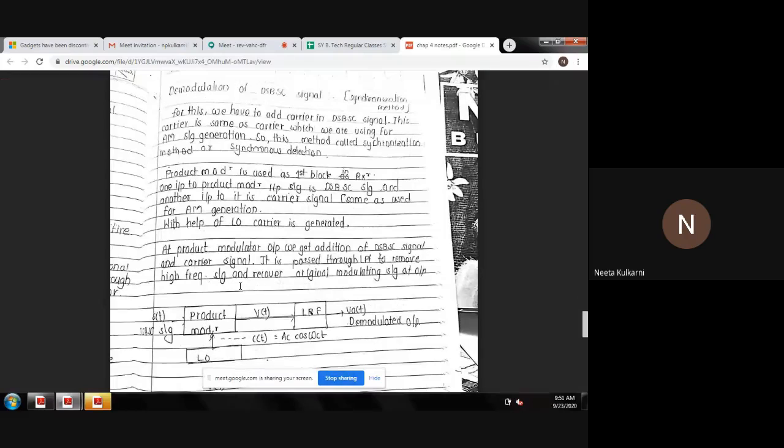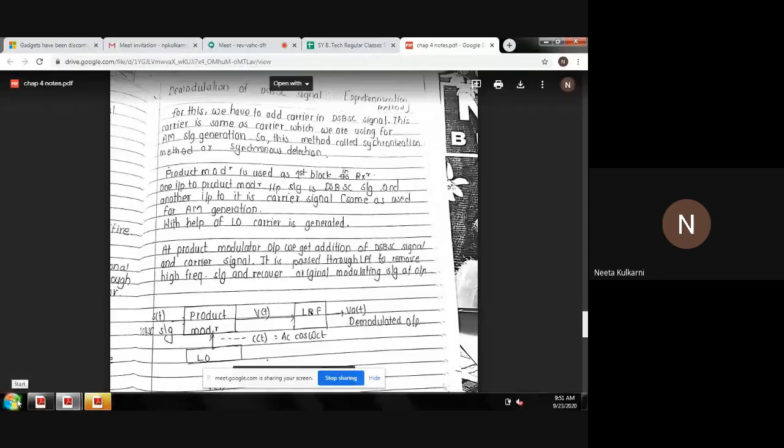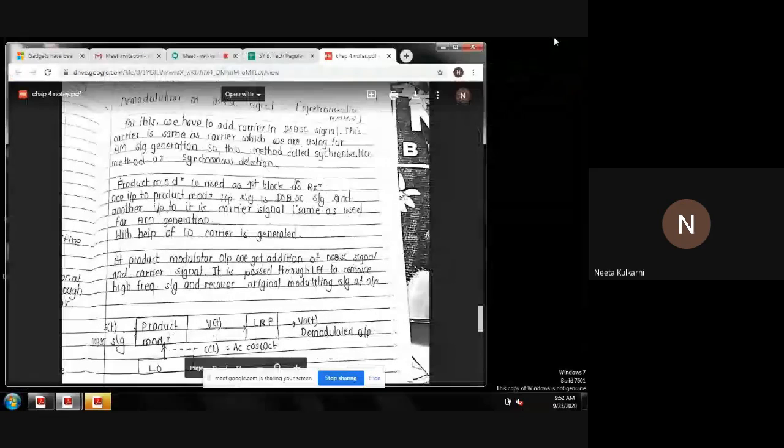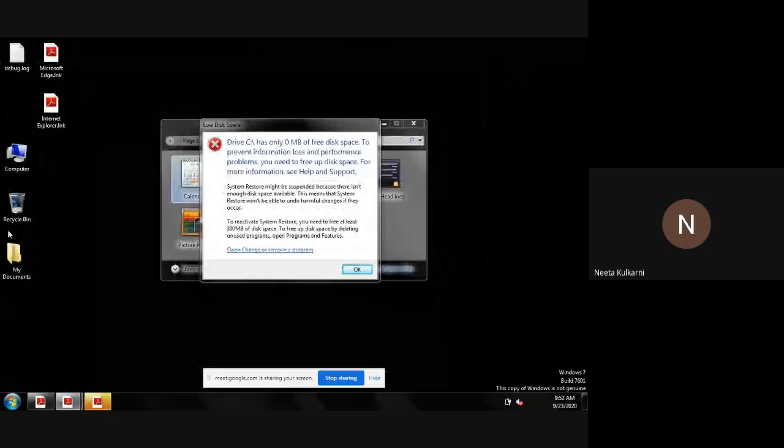Now in the generation of DSB-SC signal, consider that there are three forms. The AM form, after AM which one is there? DSB-SC. And after DSB-SC, which form is there? SSB-SC. Okay, I will just write here so that you will understand.